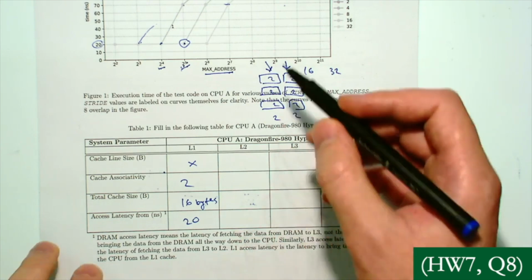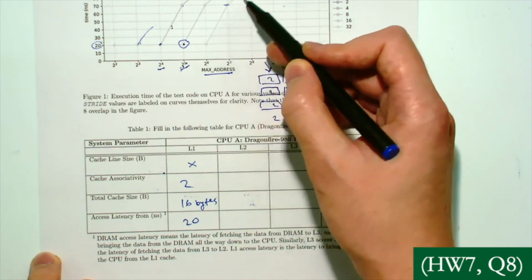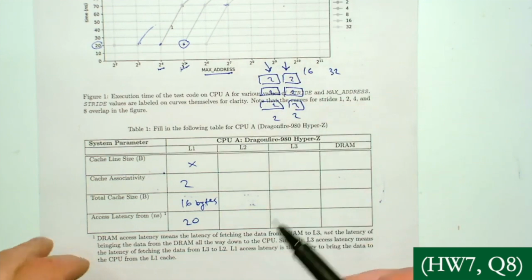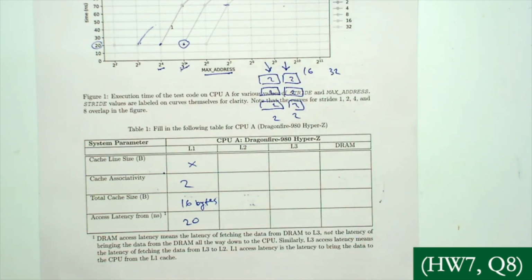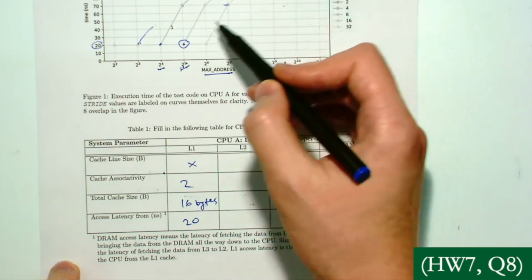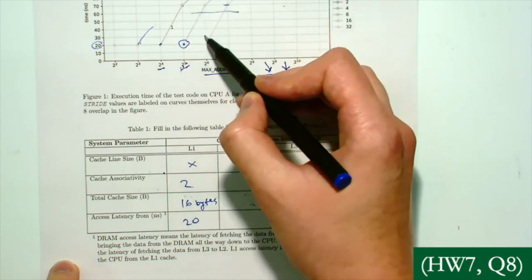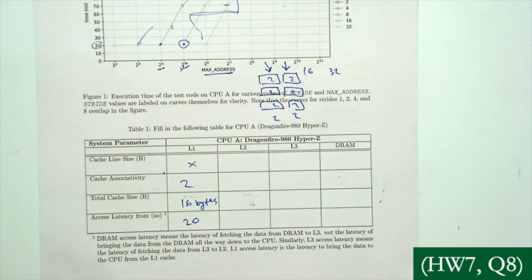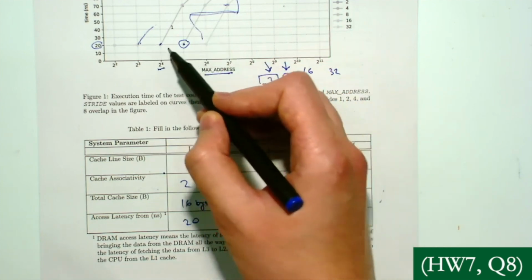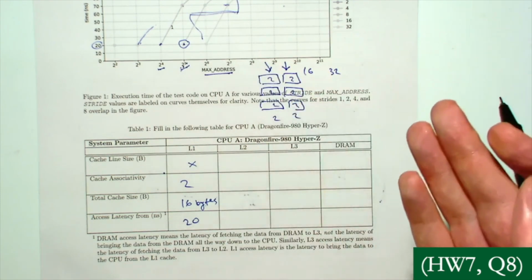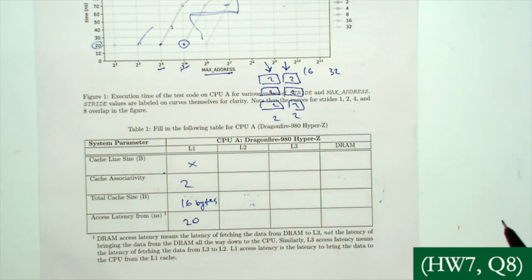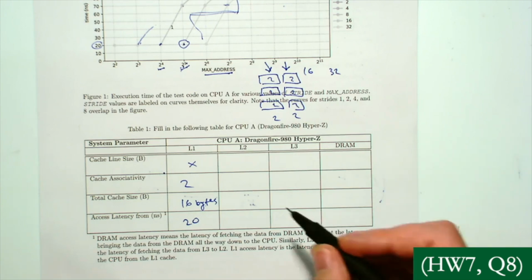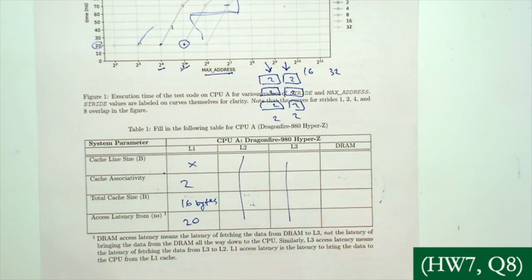Since it just goes directly to this latency over here, without any such behavior, we can tell that there is no other level of cache, and we directly access the main memory after we miss in the L1 cache. So all those parts are not applicable.